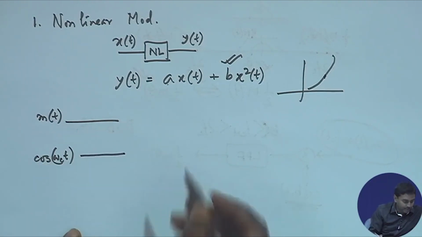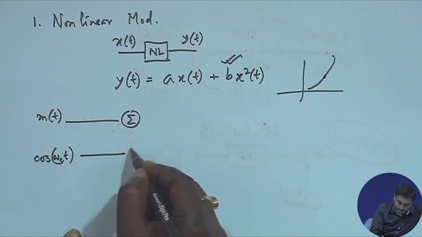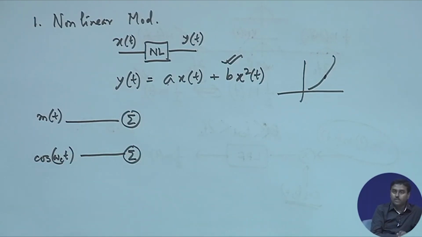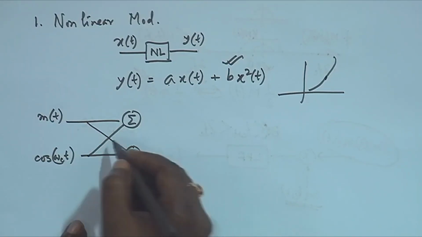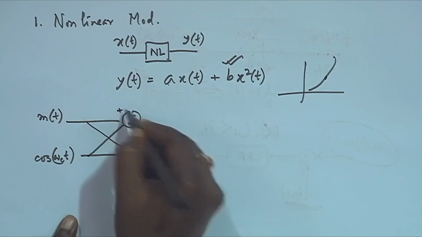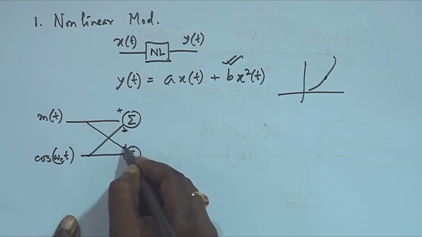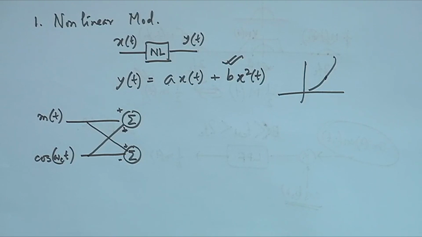So I have two adders, which can be op amp adders. It just adds the signals. This one is an adder, sorry, and this is a subtractor, so it is plus and minus.